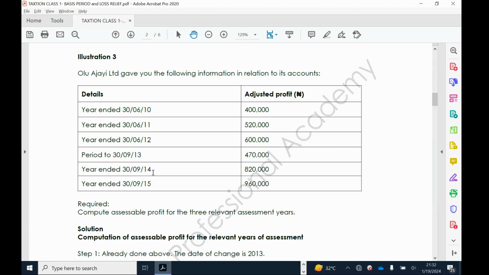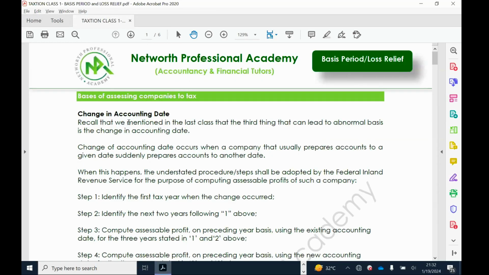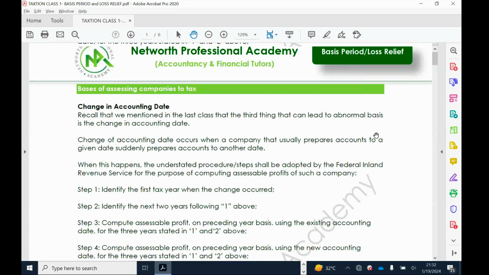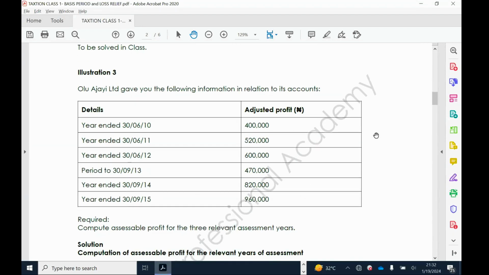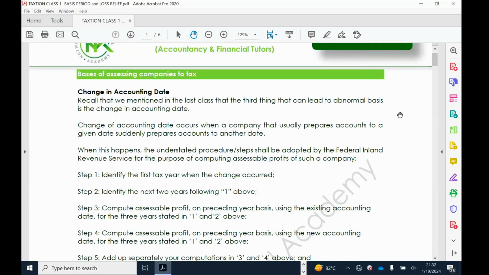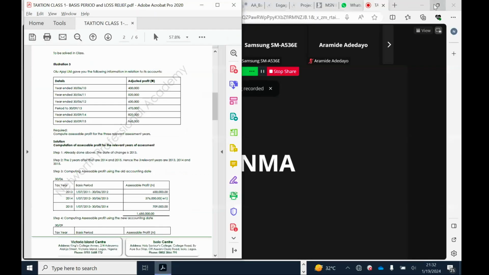Now, the first thing to do, right? Or let me try to split my screen. Sorry, let me split my screen. I cannot do that. Why can I not do that? Okay, I can split it this way.